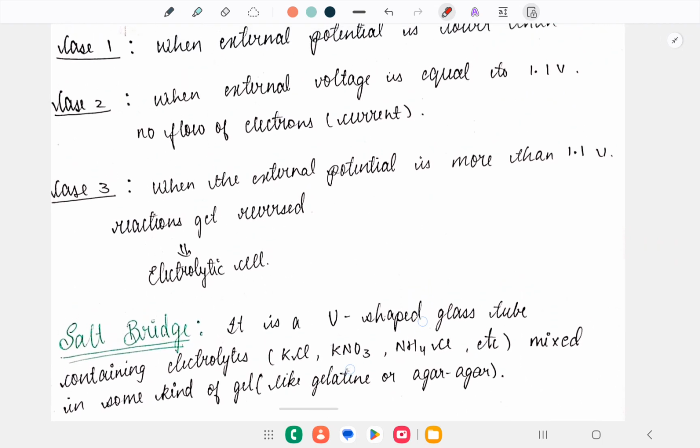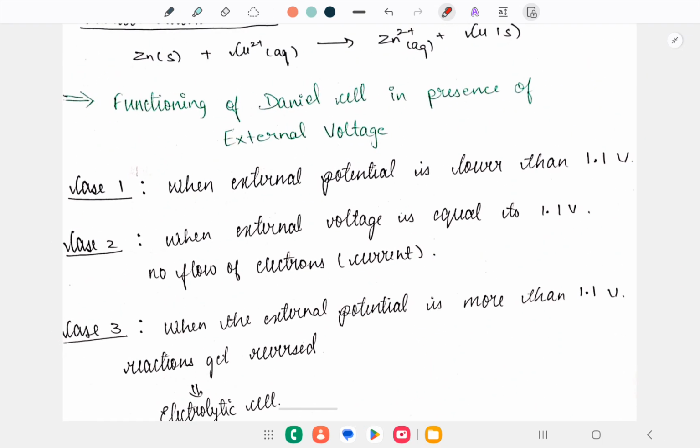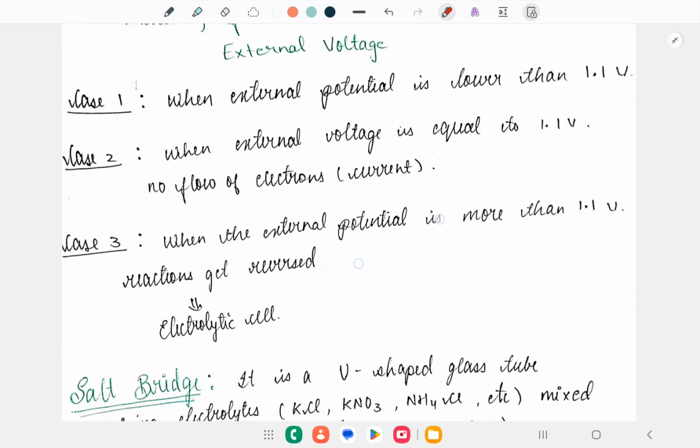And then in case 2, when the external voltage applied is equal to 1.1 volt, the cell reaction will stop and there is no flow of electrons and therefore no flow of electricity. In case 3, when the external potential is more than 1.1 volt, then the reactions will get reversed, which also reverses the polarity of the electrodes.